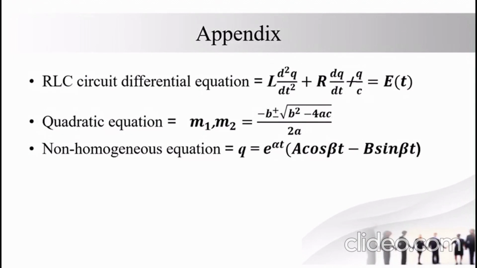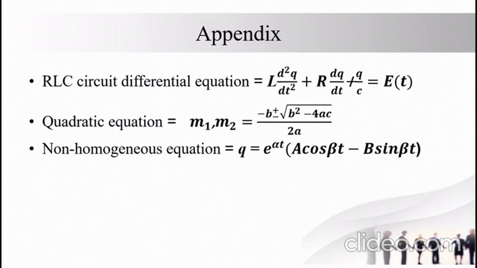Appendix. Here are the equations that we use to solve this question. Number 1 is the RLC circuit differential equation, which is L d squared Q over dt squared plus R dQ/dt plus Q over C equals E in terms of t.